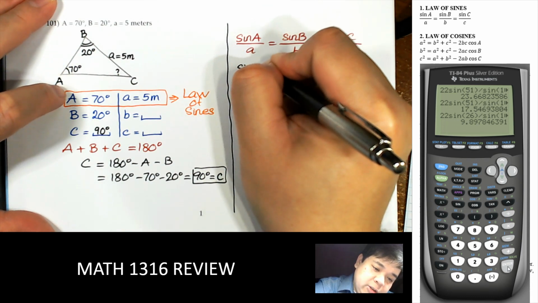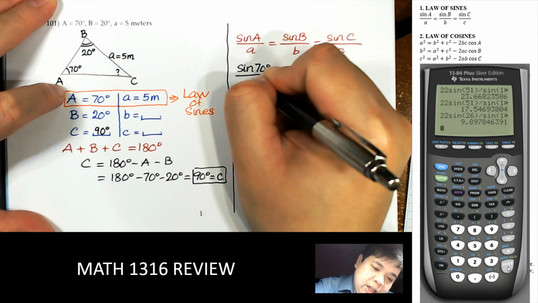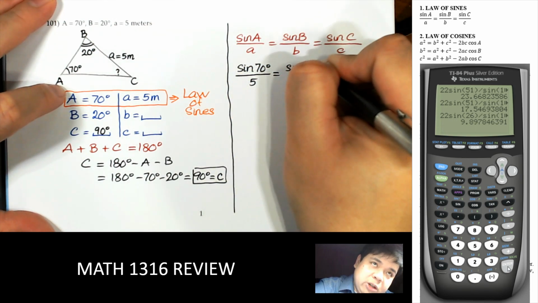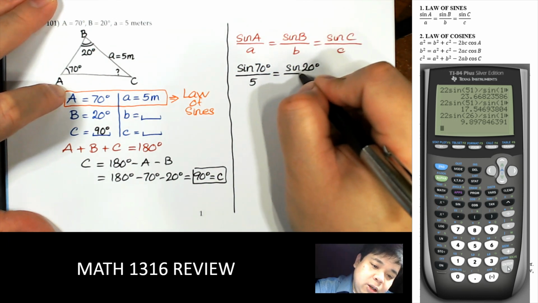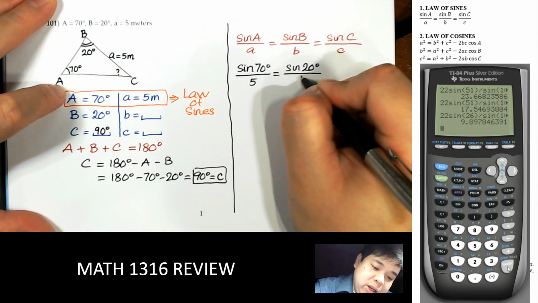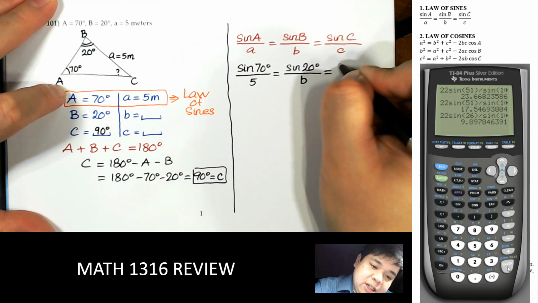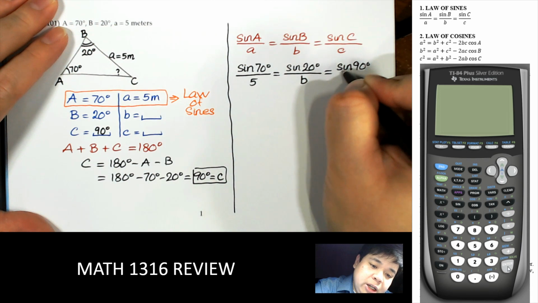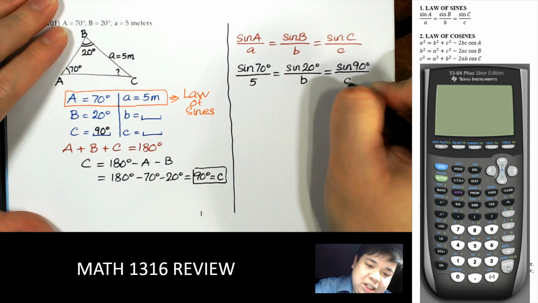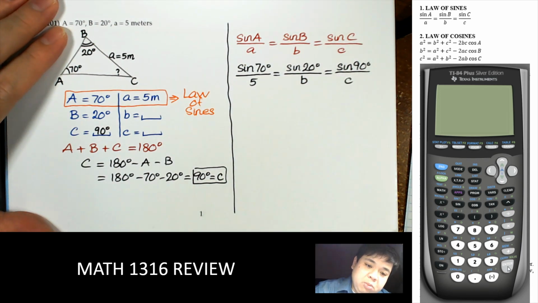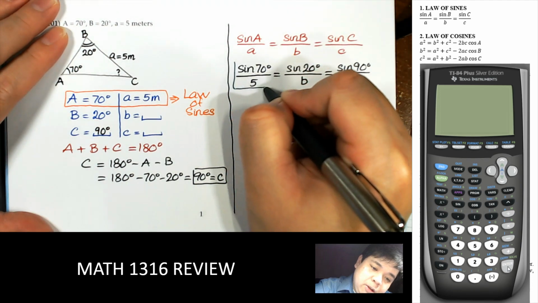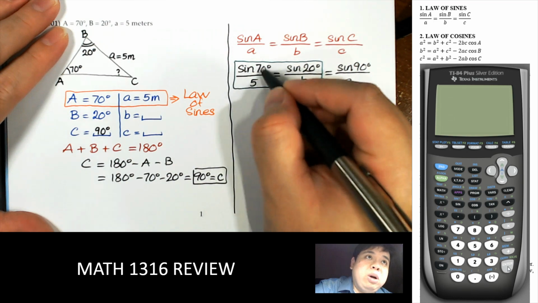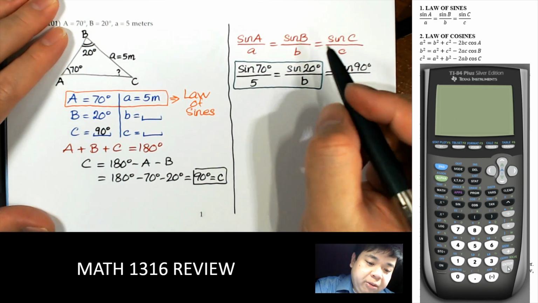Sine of 70 degrees over a, 5 meters; sine of B, 20 degrees over B, we don't know B; and sine of 90 degrees for C, we do not know the side c either. We just pick a pair ratio and then solve for the missing one. We always use the sine 70 over 5.